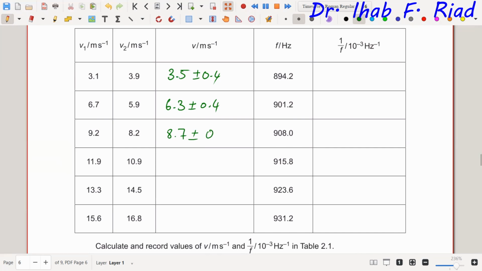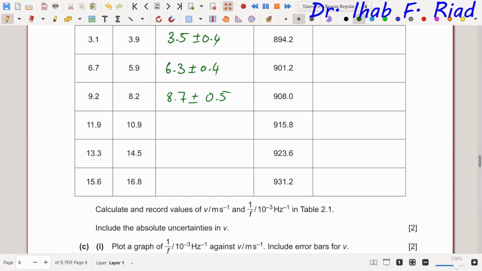Okay, I think the second one is wrong. Its absolute uncertainty is, no, it is correct. So 11.9 plus 10.9 over 2 is 11.4. 11.9 minus 11.4, it is 0.5.